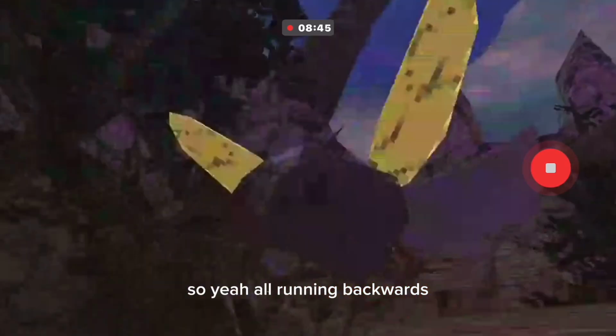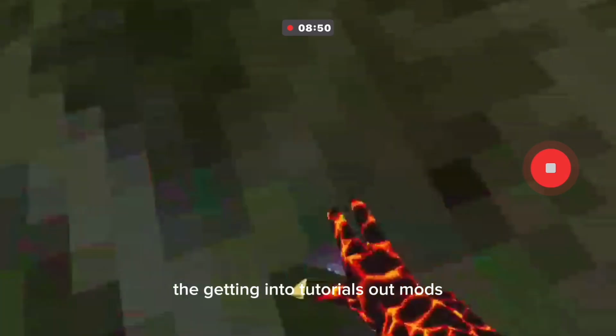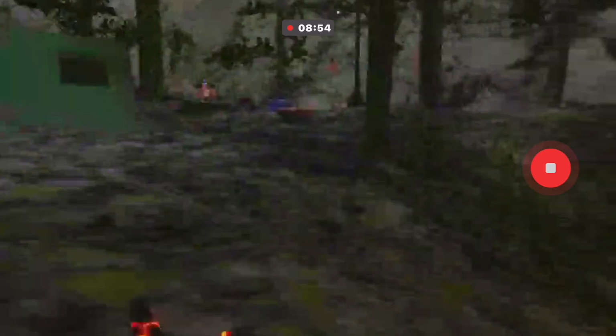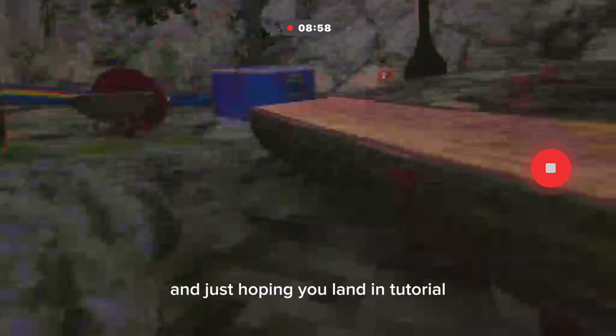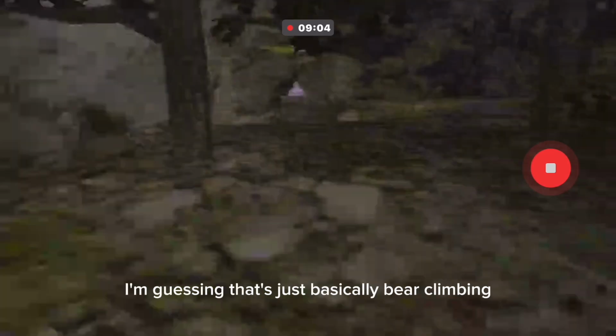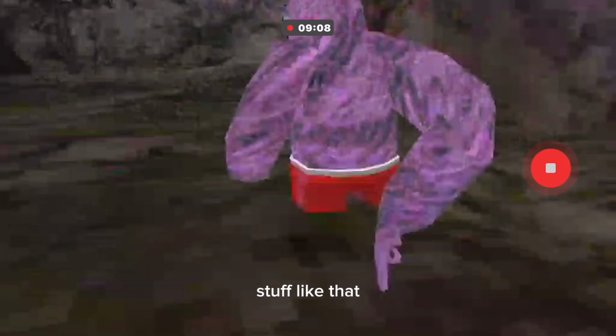While running backwards, the name just kind of explains itself. The getting into tutorial without mods, which is something that's extremely hard, is by jumping off the tallest thing and just hoping you land in tutorial.